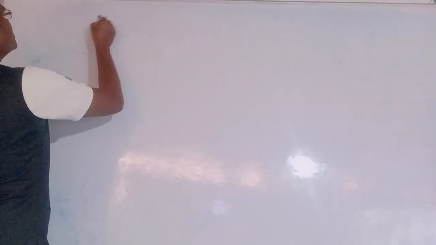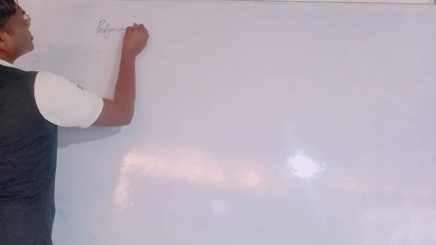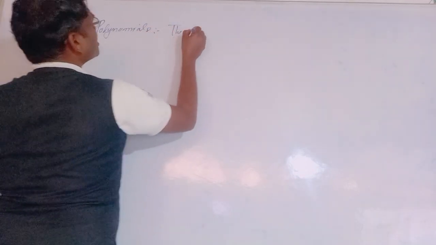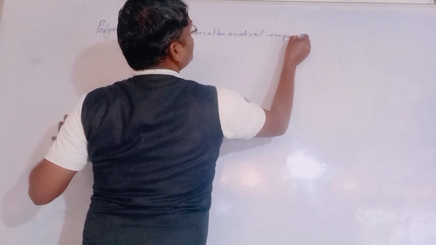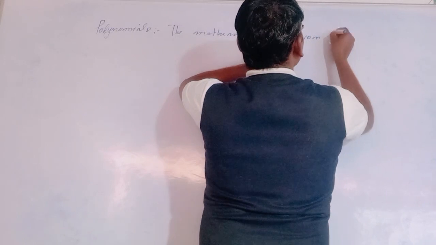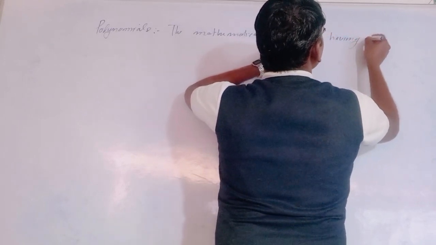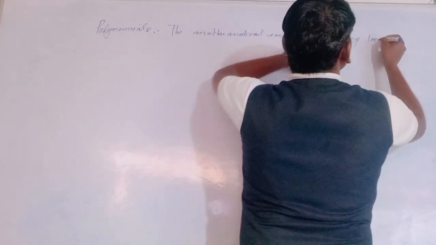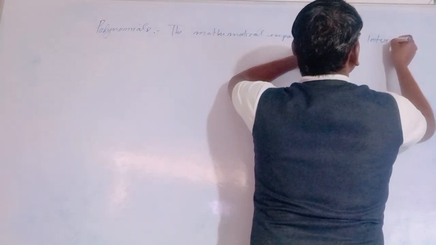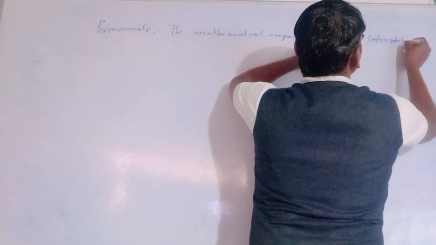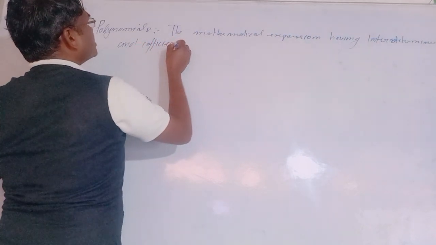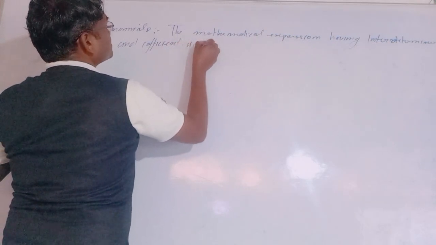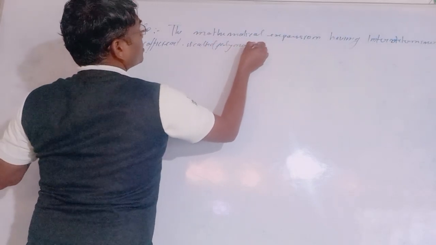So first, define polynomials. The mathematical expressions having or consisting of variables and coefficients are called polynomials.